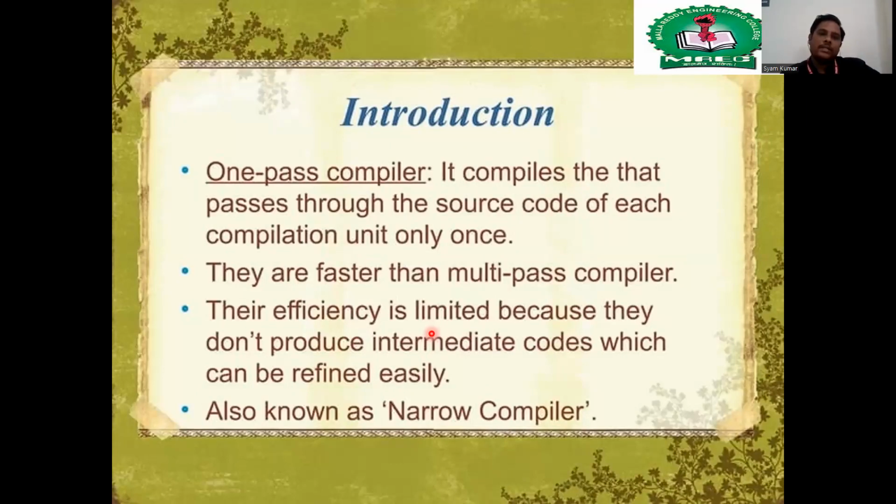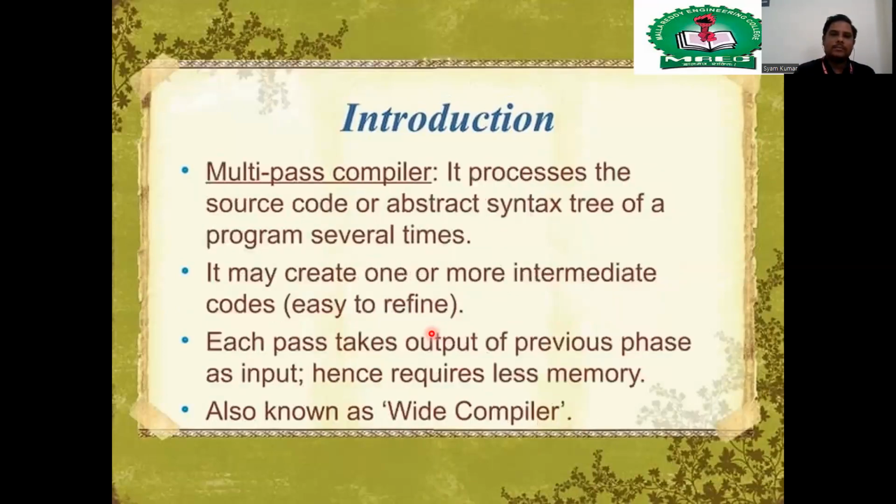Their efficiency is limited because they don't produce the intermediate code which can be refined easily. The efficiency is limited because of not taking the entire lines of code. It will take line by line. That's why it is also known as a narrow compiler.